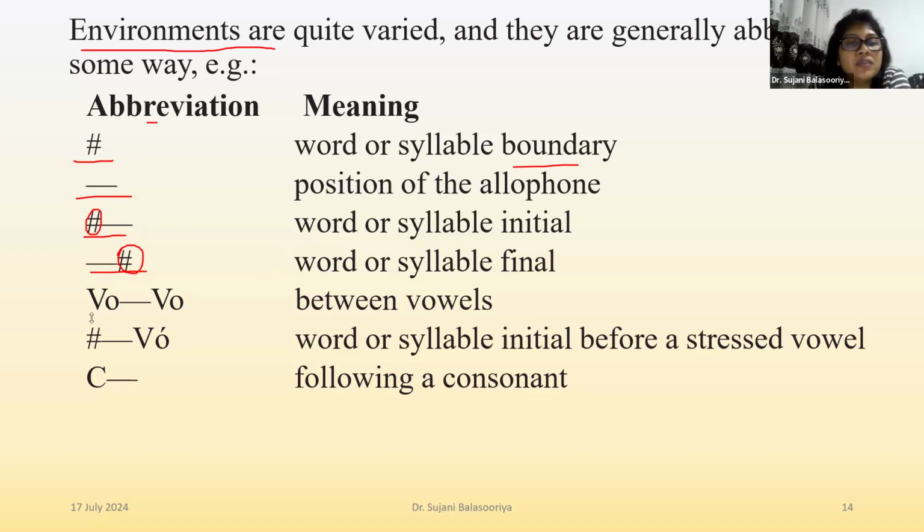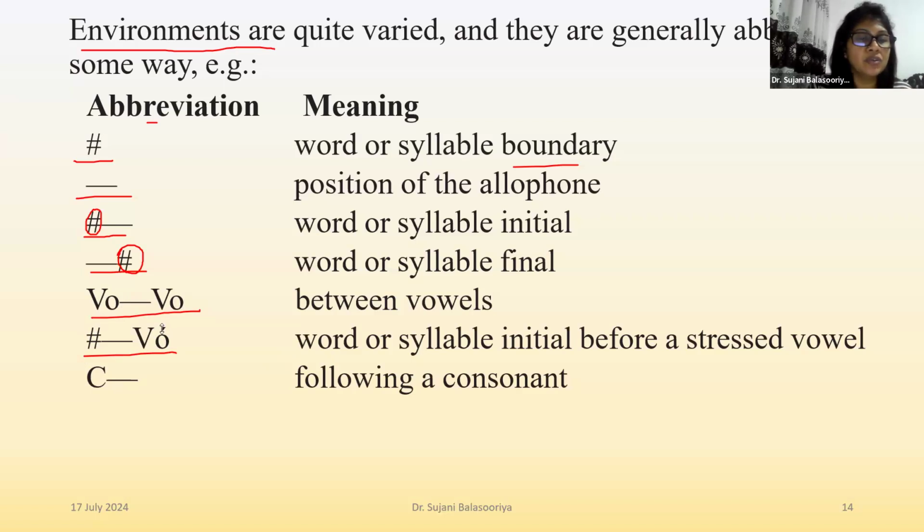And this sort of symbol, V and a blank, and again V between vowels. V stands for vowel. And this combination of symbols means word or syllable initial before a stressed vowel. The stressed vowel you can find with this small diacritic mark.